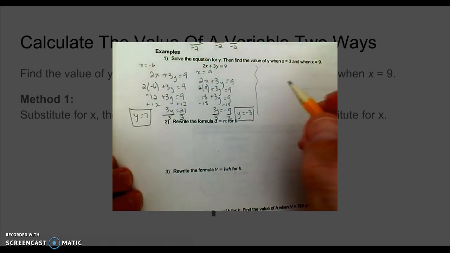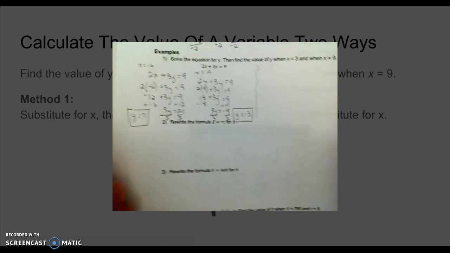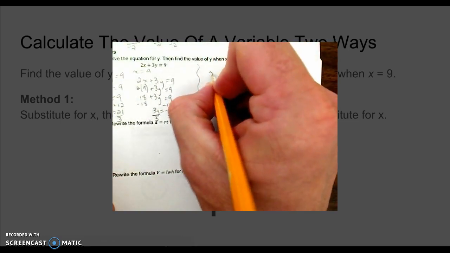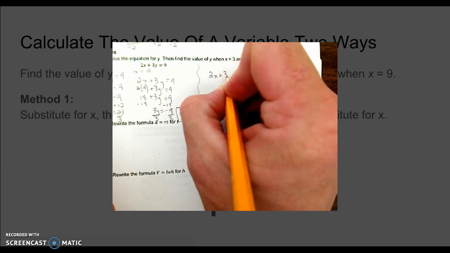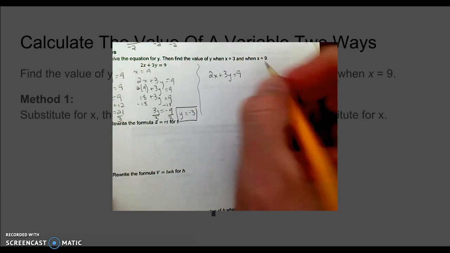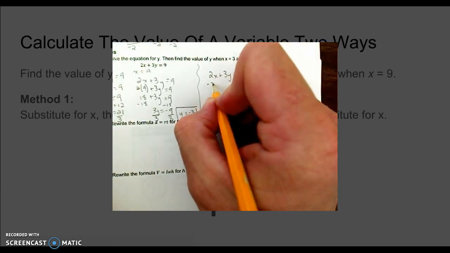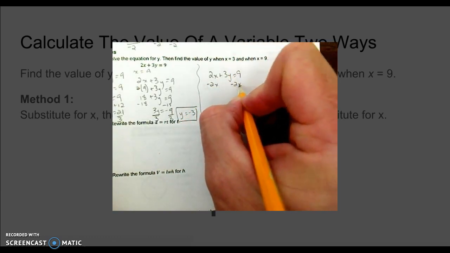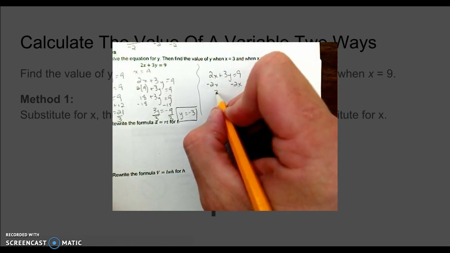Let's look at what happens when we put this in what's called calculator-ready form. I have 2x plus 3y equals 9, and I'm going to solve it for y. This is the step that we did at the outset of the notes.